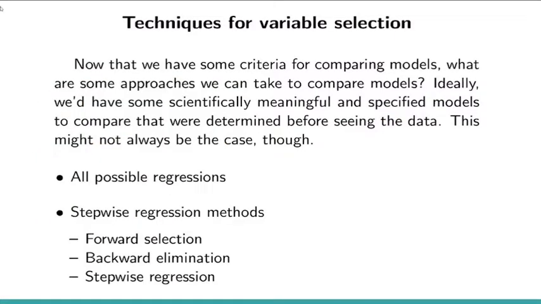So if you take a look at what I'm trying to display now, the techniques for variable selection, broadly speaking, we've got two of them. We've got all possible regressions. Under all possible regressions, we consider different kinds of subsets.